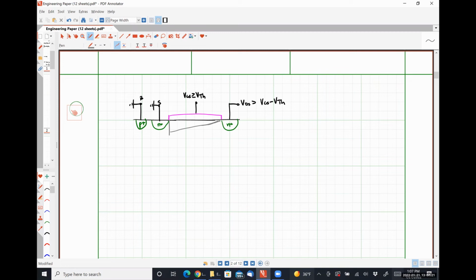So it stays the same here, and then it, what we call, pinches off here, okay? Our channel pinches off. Let's define this distance. This is 0. This is L over here. Okay.